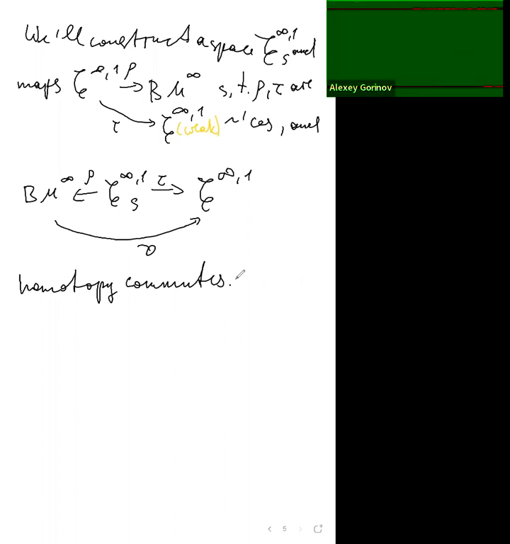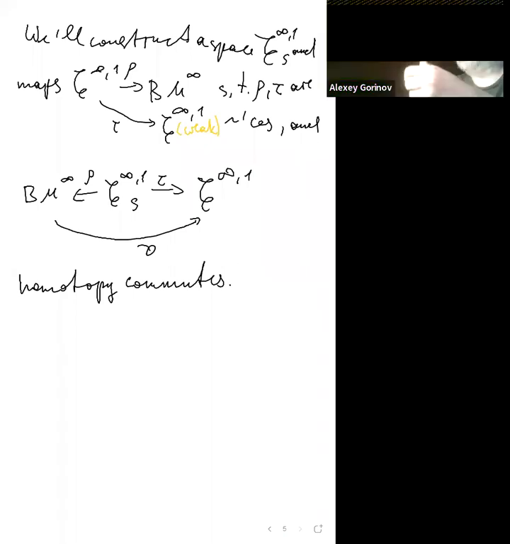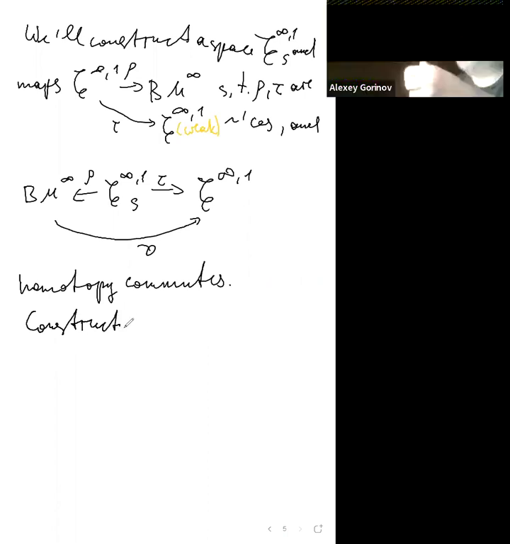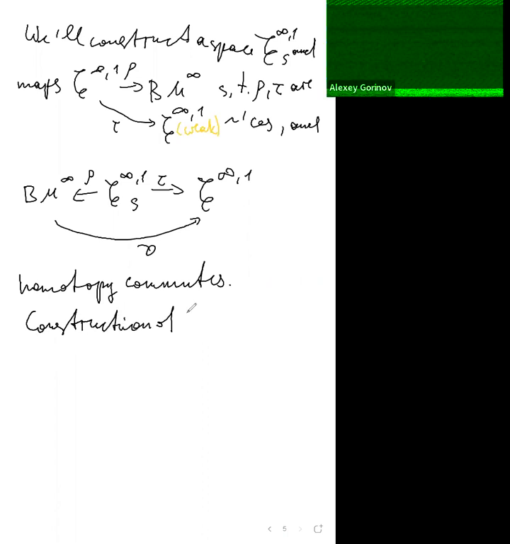Okay, well, let's try to implement the first few steps of this strategy, or more precisely, the definition.